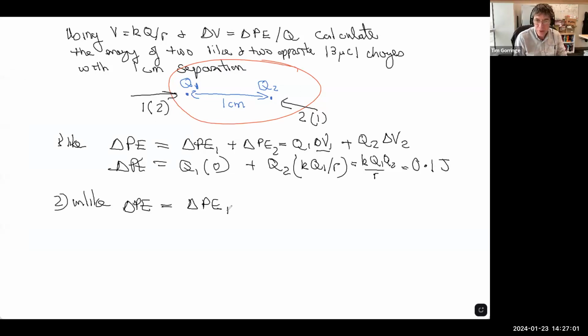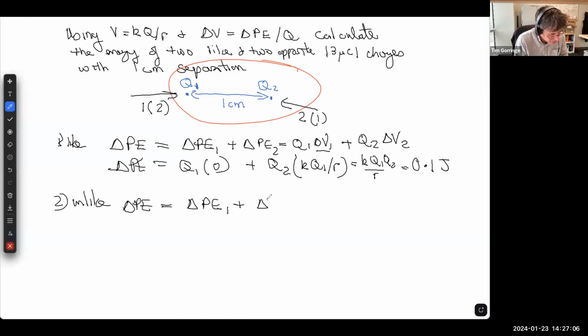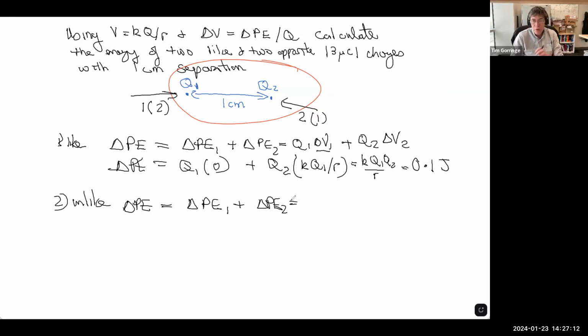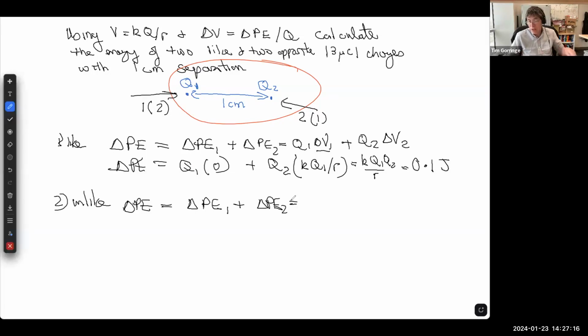I call it delta PE1 for the first charge, and the change in potential energy associated with bringing in the second charge. Again, we're going to rewrite the changes in potential energy between these locations that are far away and nearby in terms of the potential difference between the locations that are far away and nearby.